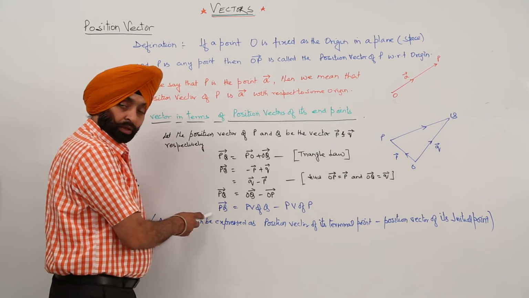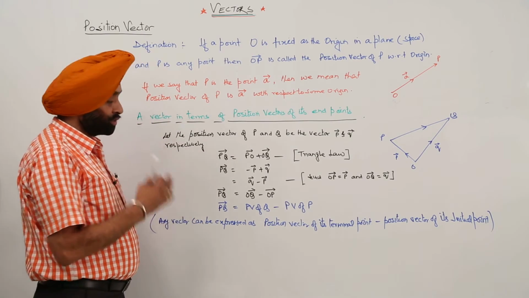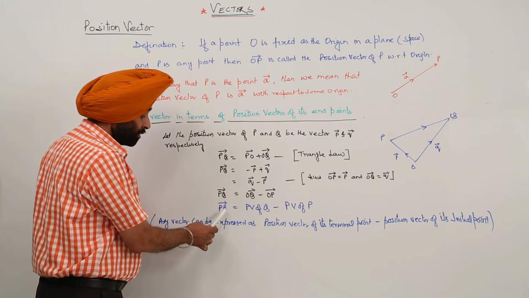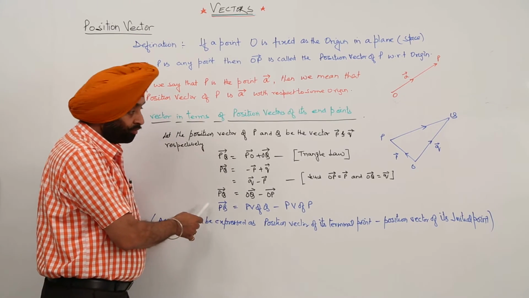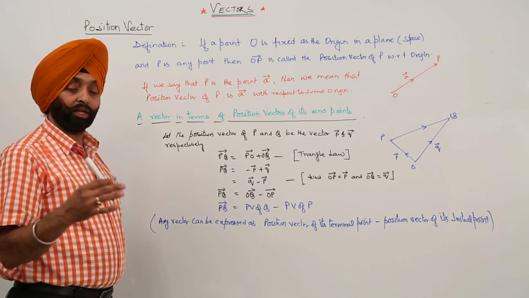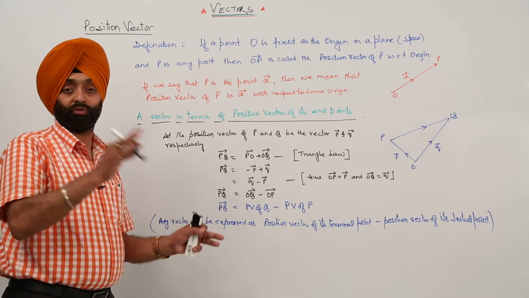Same for PQ: whenever we have to find it, we represent the position vector of Q minus the position vector of P. If we have vector AB, we can write the position vector of B minus the position vector of A.